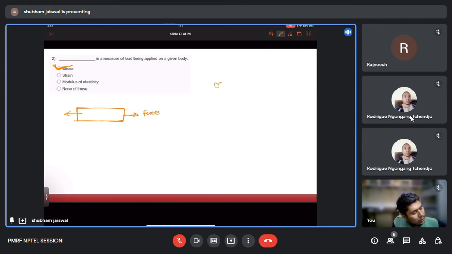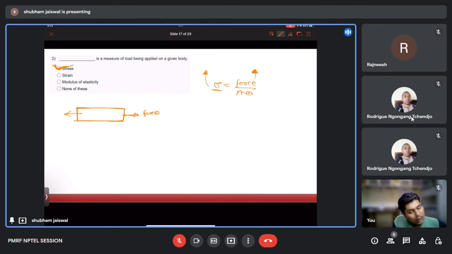The stress is nothing but force upon area. So how much force I am applying will generate the stress inside it. So stress is the measure of load being applied on the given body.